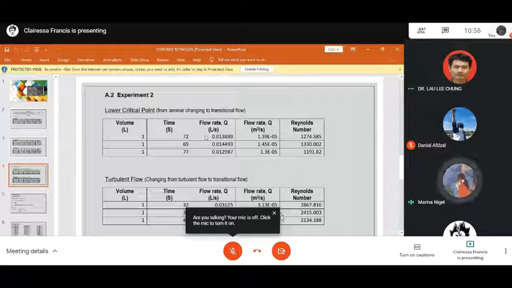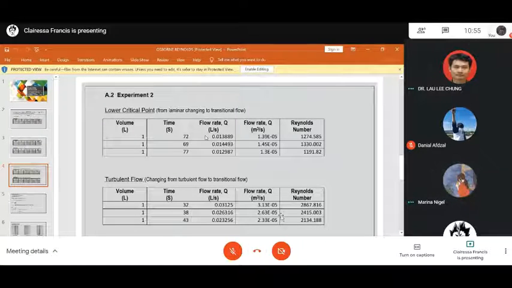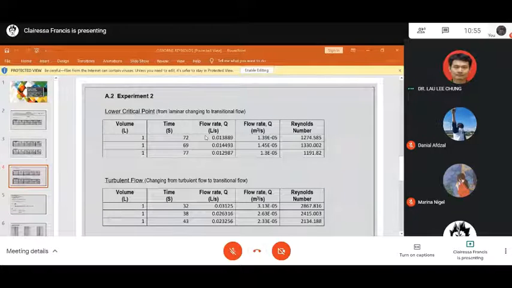To determine the condition for each flow. That is experiment 1, right? From Experiment 2, is the changing, something with the critical point?